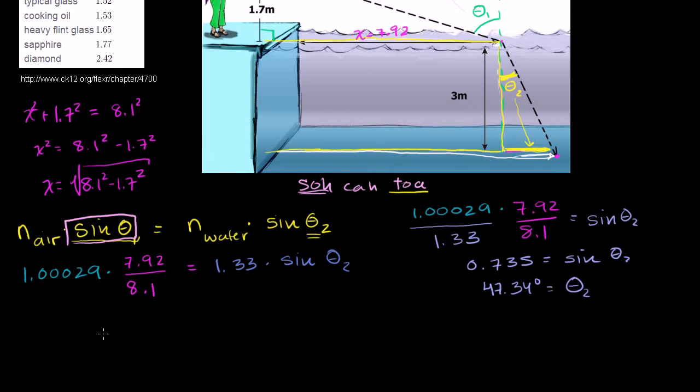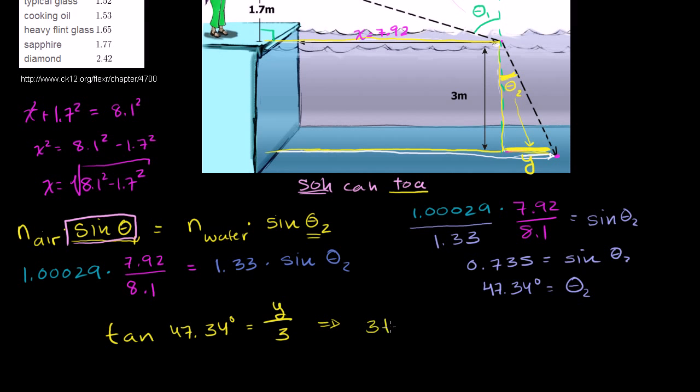So we know that the tangent of this angle right over here, 47.34 degrees, is going to be equal to this opposite side over here. Let me call that y. It's going to equal y over our adjacent side, and that's just 3 meters. If we want to solve for y, we multiply both sides of this equation by 3.